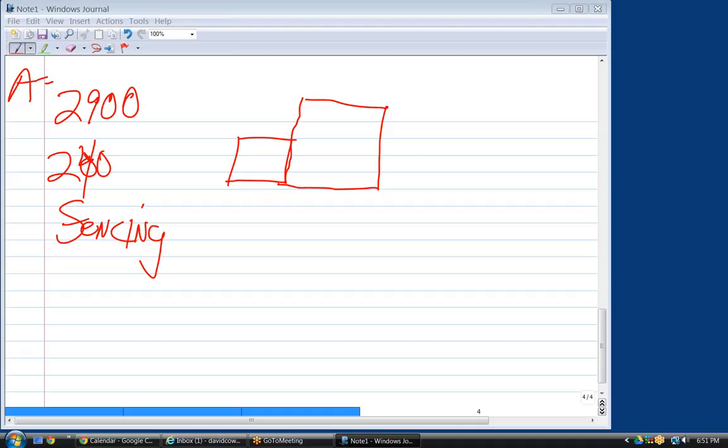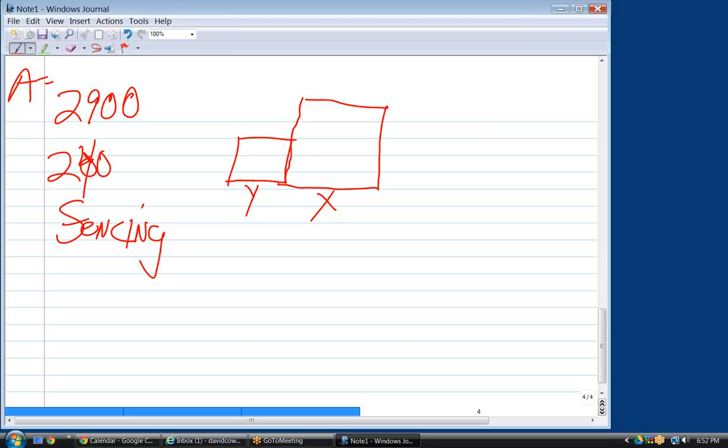The small square would be y. The side of the small square? Yeah. Okay. And then the other one should be x. Okay. Now, notice that x can be any relationship we want to y as long as it's greater than y. In other words, it could be a much bigger square than I've drawn here.